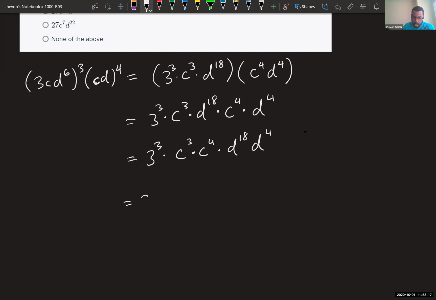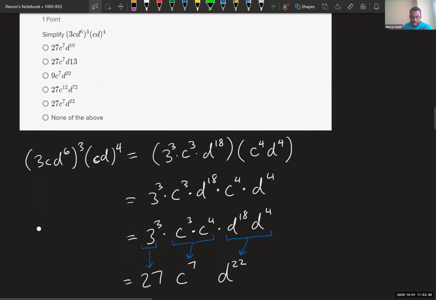So the 3 cubed is going to be 27, then I would have c to the 7, then I would have d to the 22. These multiply to give you that because you add the powers, and these multiply to give you that because you add the powers. So it's 27c to the 7d to the 22. Looks like this guy right here.